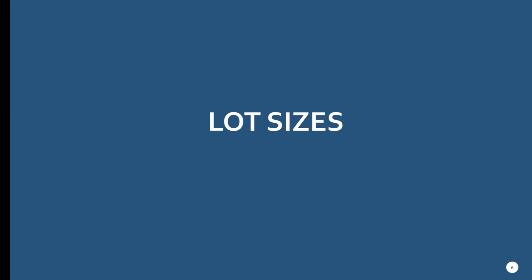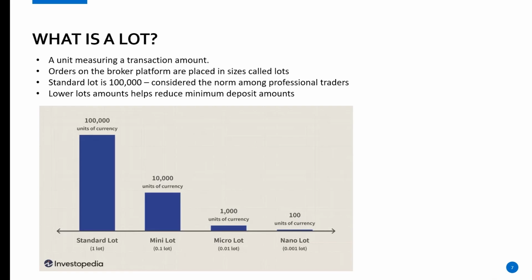Lot sizes. So what exactly are lot sizes? In forex, we don't do single unit of currency trades. Trades are done in lot sizes, and lot size basically measures a transaction amount.